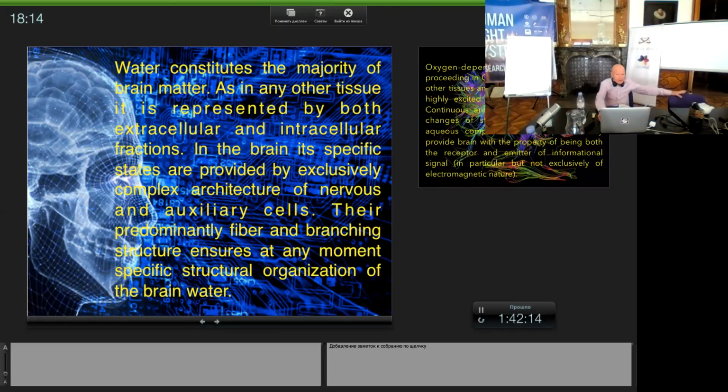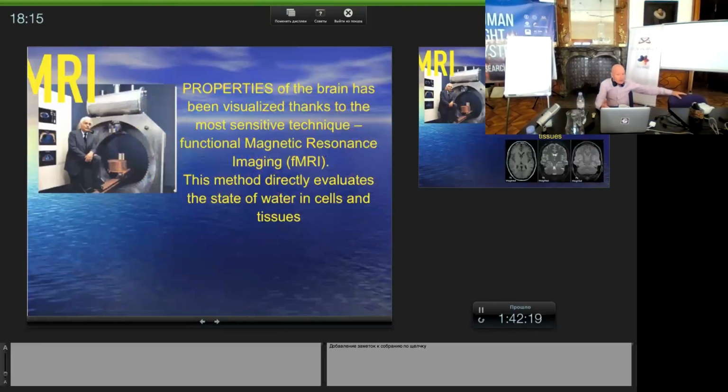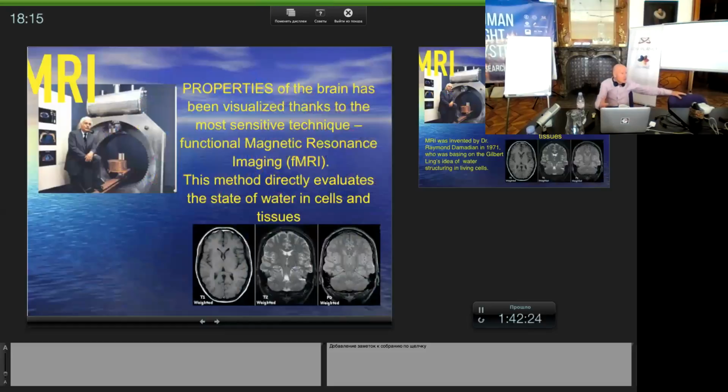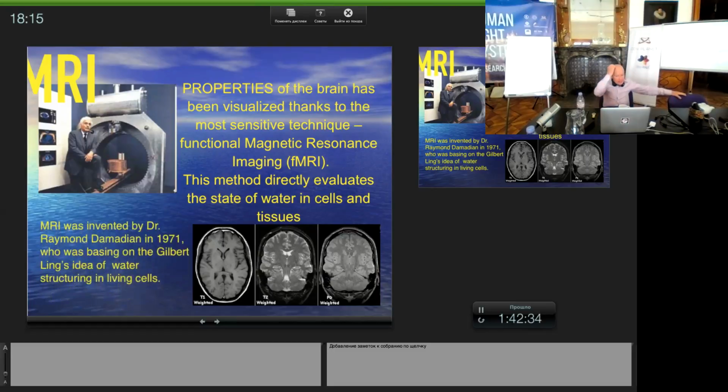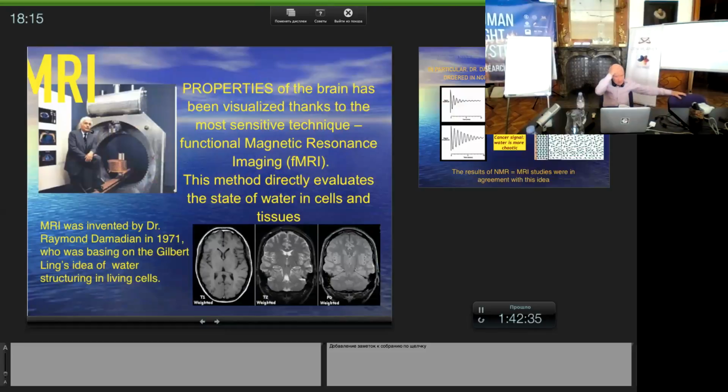And then we have now a new big research. You know that in MRI studies, we study the properties of water, because MRI is based on studying the structure of water. And MRI was invented in 1971, and its inventor based his idea on Gilbert Ling's idea of water structuring in living cells.